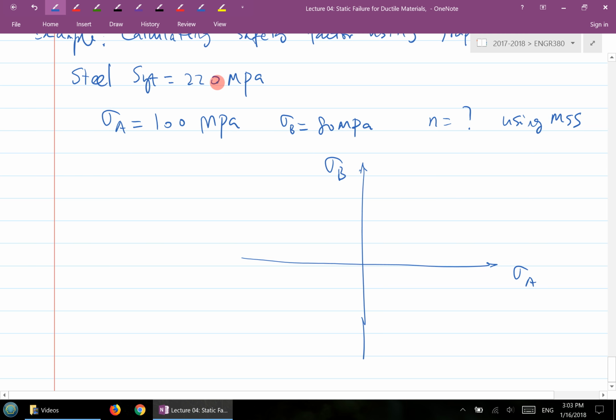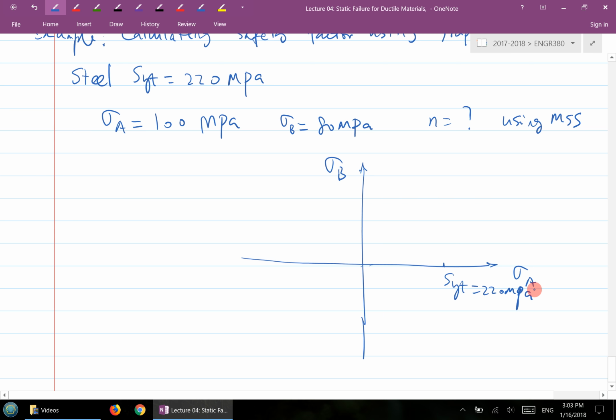So use a ruler, use a paper, and let's say this is 1 inch. Use a ruler, this is 1 inch right here, and then you make a note: this is 220 megapascals. That's your indication of scale. So this much represents 220 megapascals.